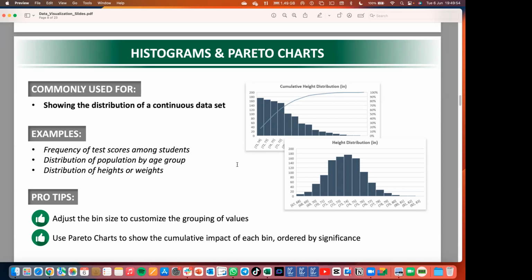Now, what cumulative impact, there is a story where they say the 80-20 rule, I know maybe some of you should have heard of it, that 80% of an impact will always be led by 20% of the cause. Let's say, giving you an example, 80% of traffic is brought about by 20% of the roads. Not all roads will have traffic.